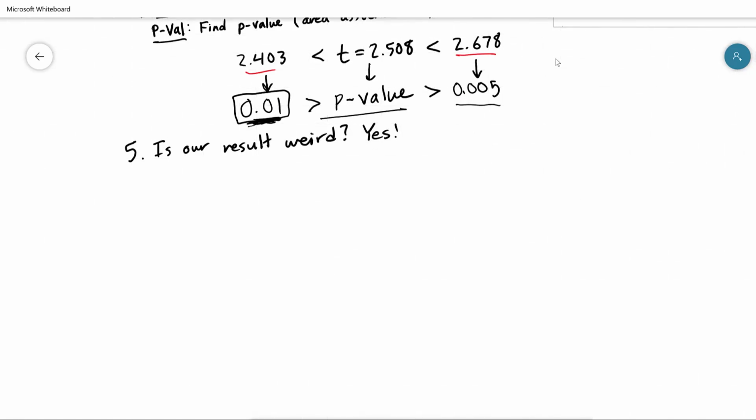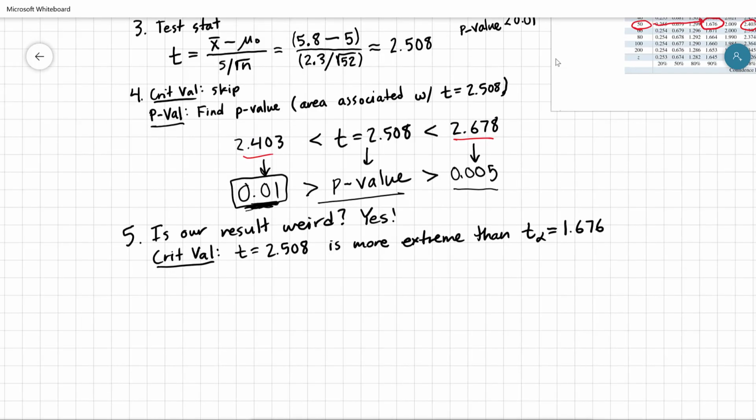So it's weird because if we're doing the critical value method, our t-score, t equals 2.508, is more extreme. Our test statistic, 2.508, is more extreme than the critical value, which was t sub alpha, which was, I think, 1.676 was the number that we had. Let me just peek.